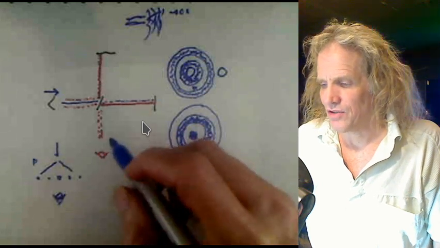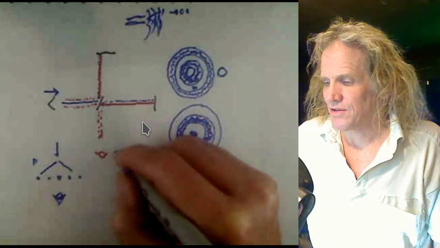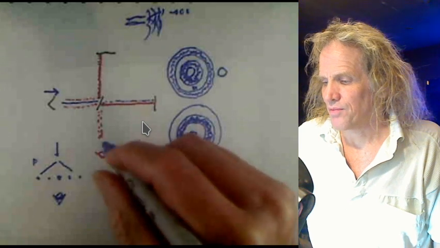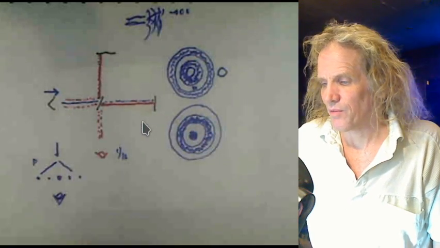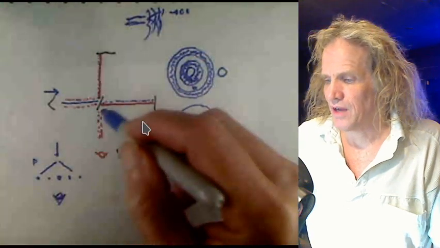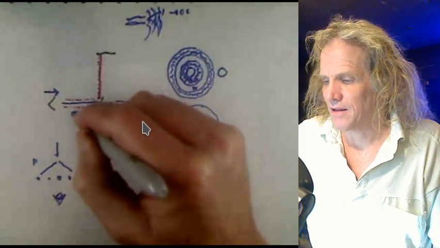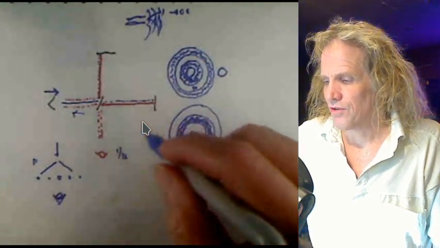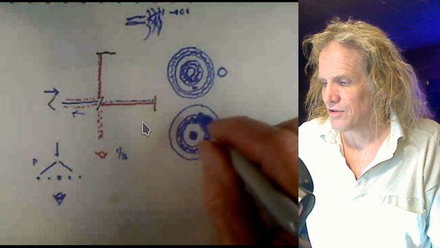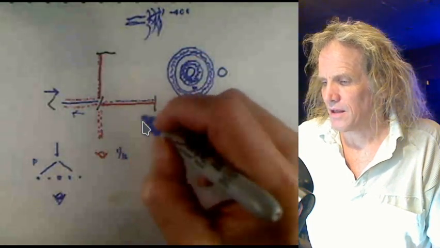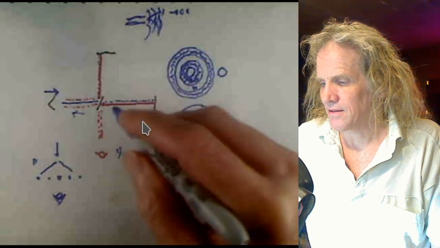The image is a tiny percentage, 1/10 as bright as the laser that went into the experiment. So not only are you losing half the light this direction, but you're also losing a substantial part of the light because the light is spreading as it goes through the experiment.